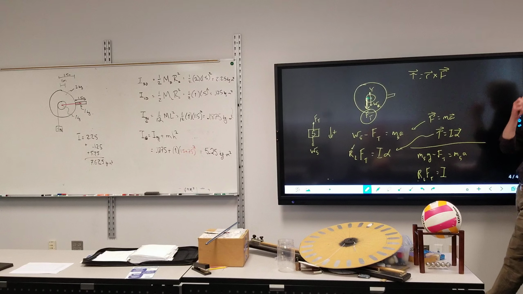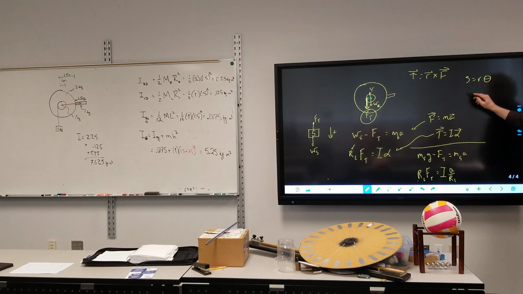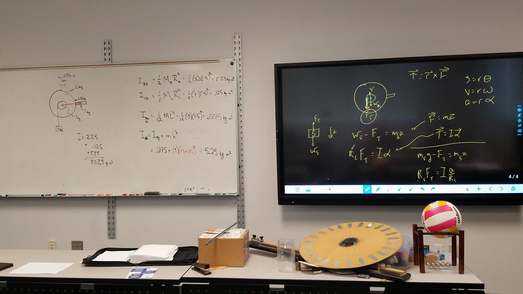A over R. And that R would be, if you recall, s equals R theta, v equals R omega, a equals R alpha. Three equations which relate linear scalar quantities to rotational scalar quantities.